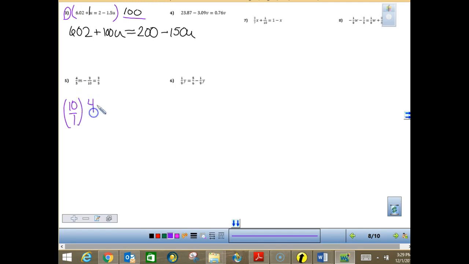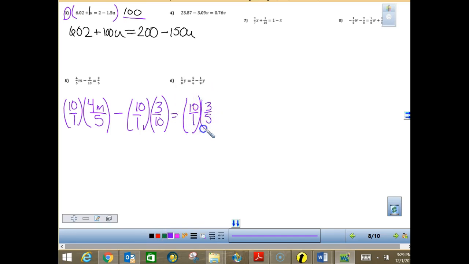We're going to have 4m over 5, right? Minus, I'm going to keep putting that 10 over 1. And then I'm putting, in this case, it was 3/10 equals. I'm going to put 10 over 1 times 3/5.